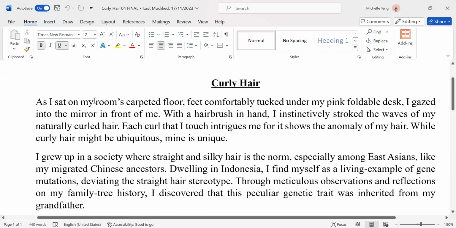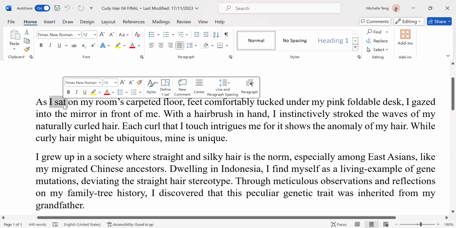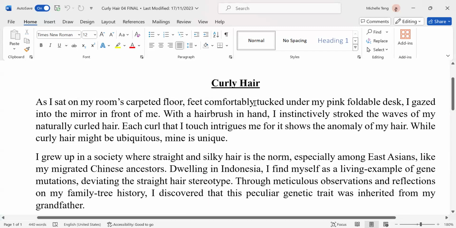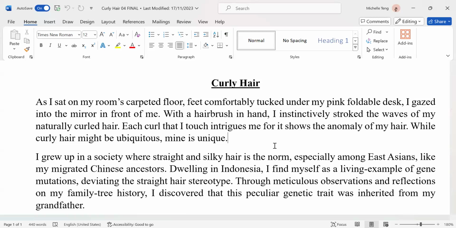"Sat" is past tense, "tucked" is also past tense, and "I gazed" is also past tense. So all of this is a parallel sentence, because the verbs all use the past form. So it's a parallel one.